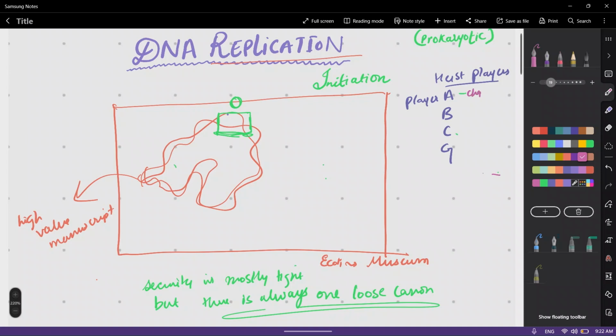So for that comes our first player, number 1, A. A is the charmer. During the museum visitation, player A basically goes and charms the security guard.